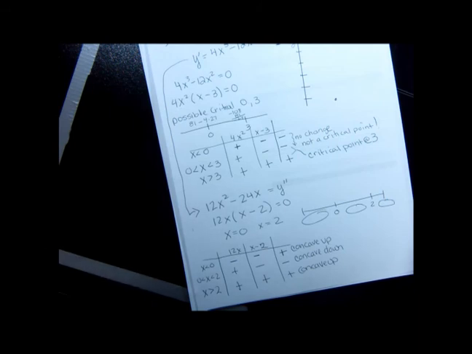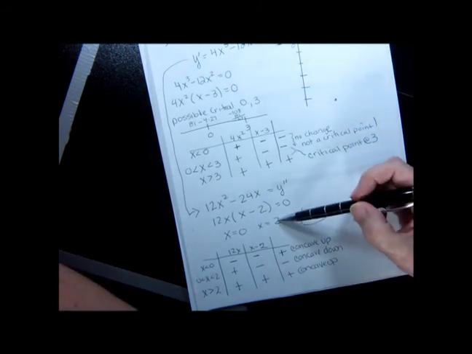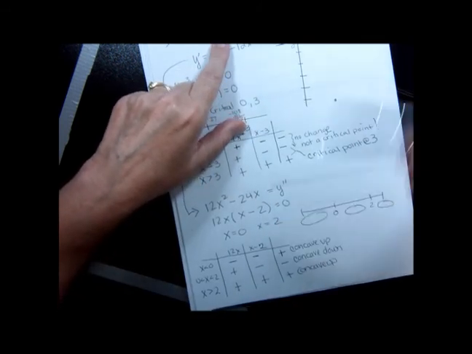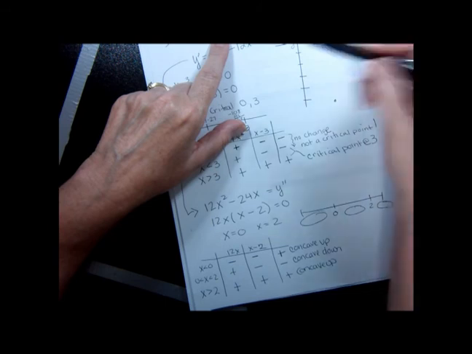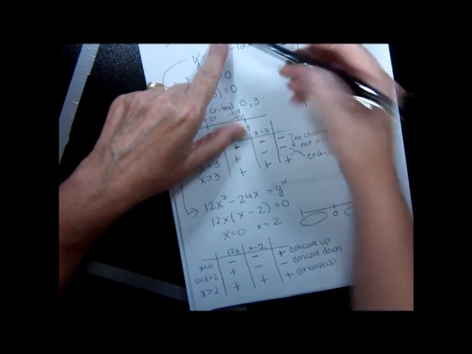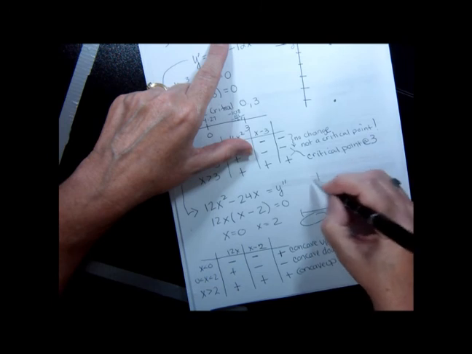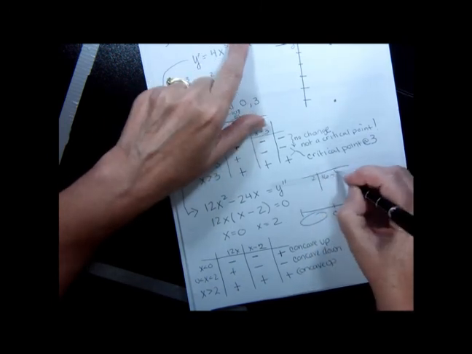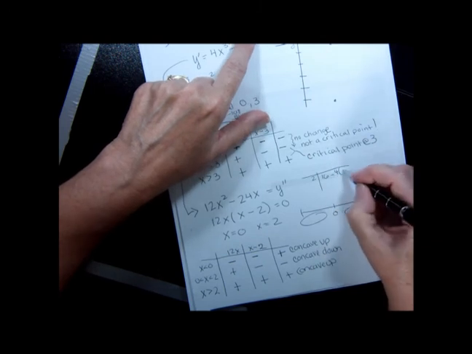Other than that, let's throw 2 into our original function to see if we can get another point here since it's right in this area. So we're going to throw 2 in here, and 2 to the 4th is 16. Minus 4 times 2 to the 3rd, which is 8.